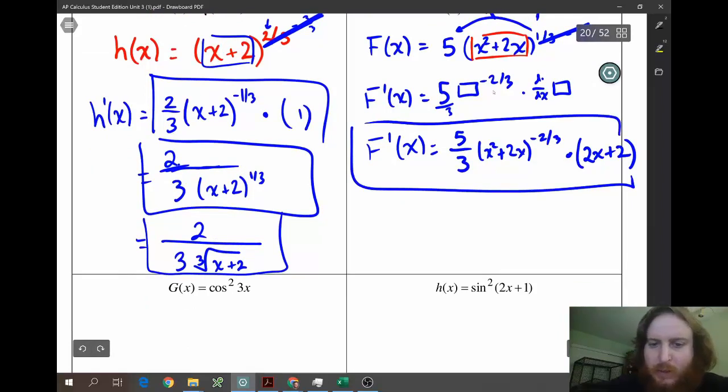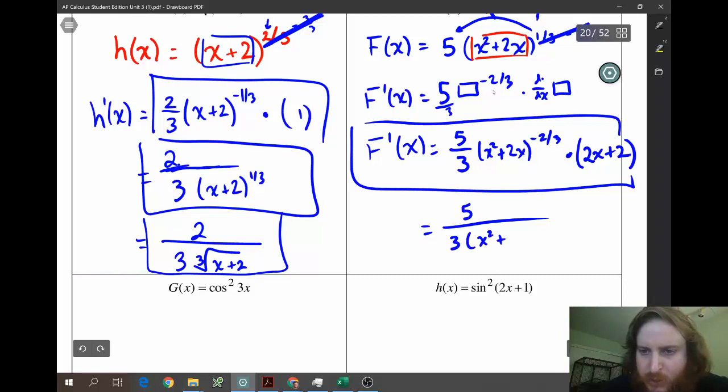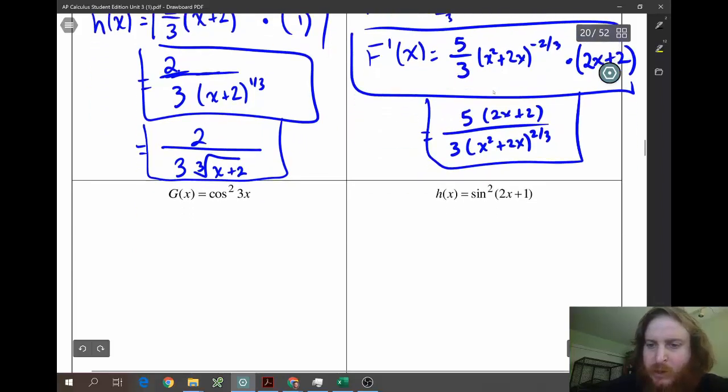Okay. If you want to take it a step further, we can move the x squared plus 2x to the denominator. And then times 2x plus 2, you can actually put that in the numerator. And so this would also get full credit. And if you wanted to put it in radical form, you can do that as well. So 5 times 2x plus 2.